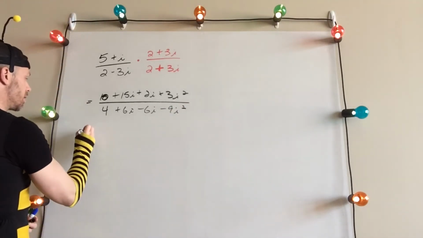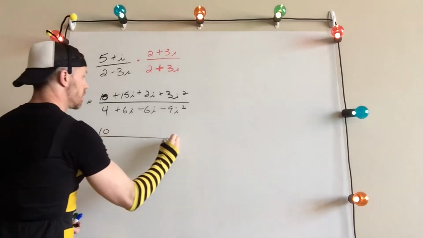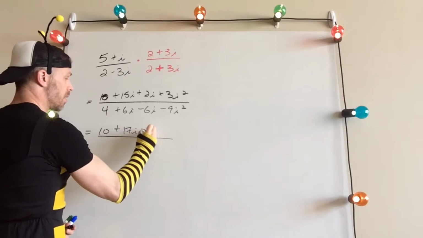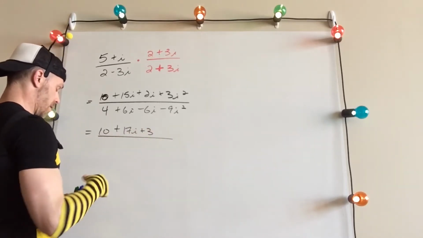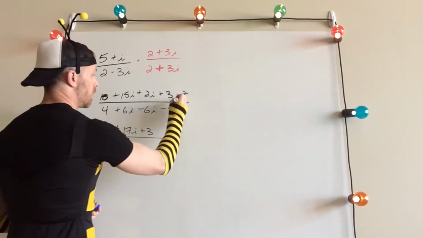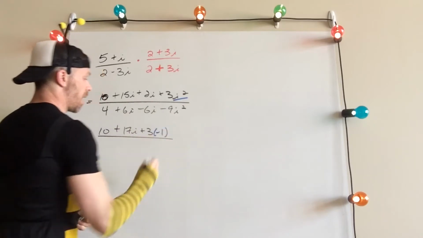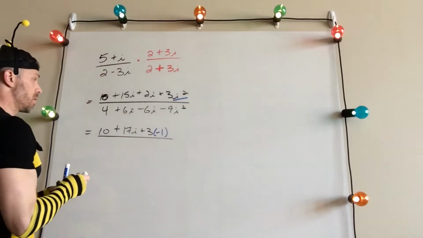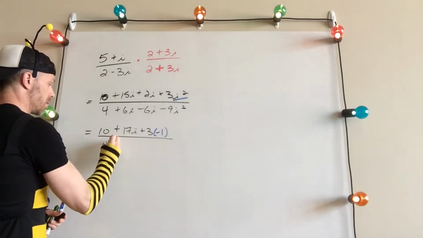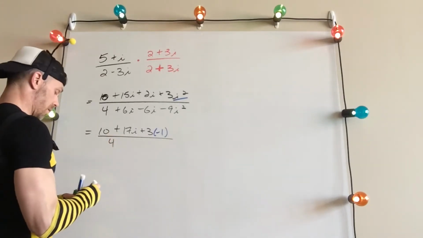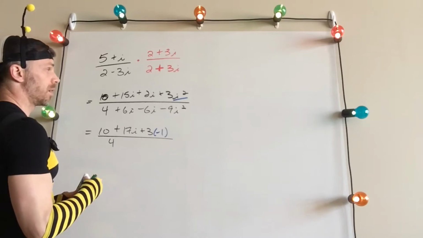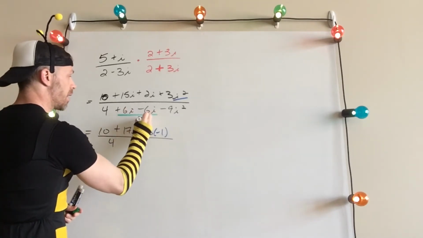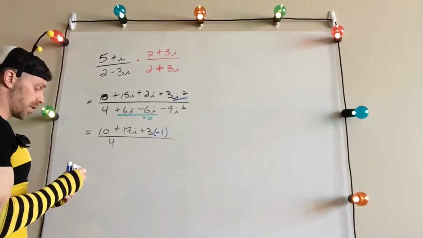Let's see here. In the numerator, 10 and 17i. That i squared is going to turn into that negative 1. Down low, 4. We have a plus 6i and a negative 6i, which zeros out.